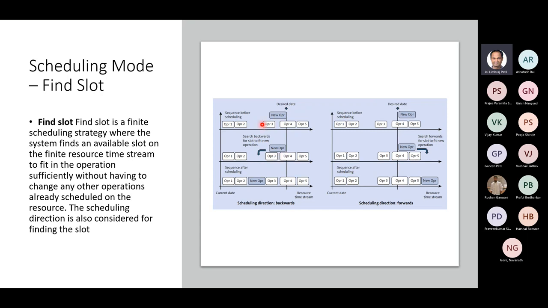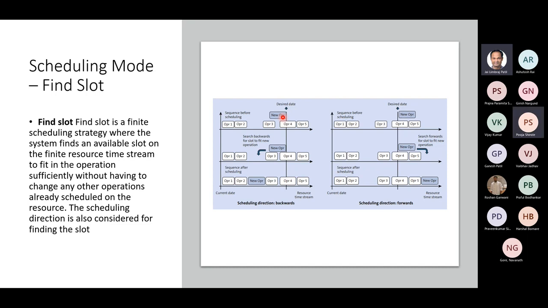So find slot and backward works in this way. In our case, the 2 operations are starting from 30th of November, and one is ending on 2nd December, another on the 5th of December. Let's assume the operation ending on 5th of December needs to be rescheduled based on the sort sequence.